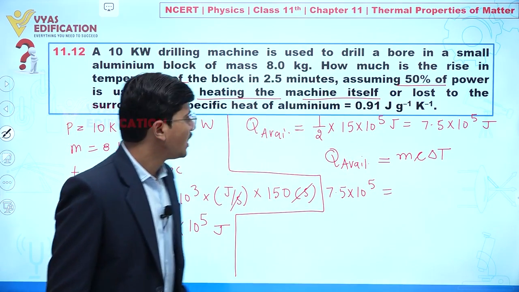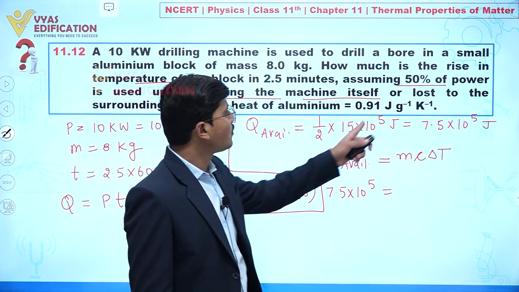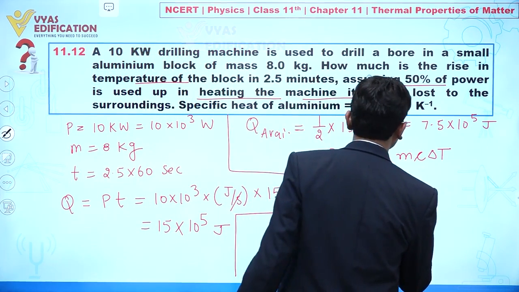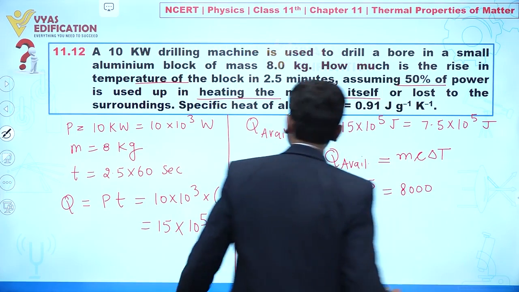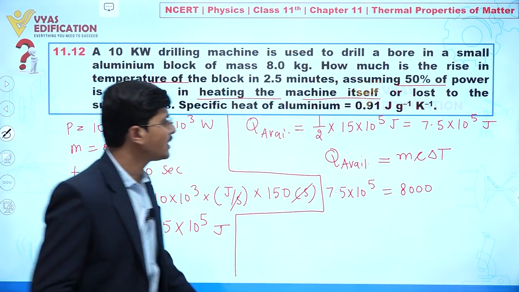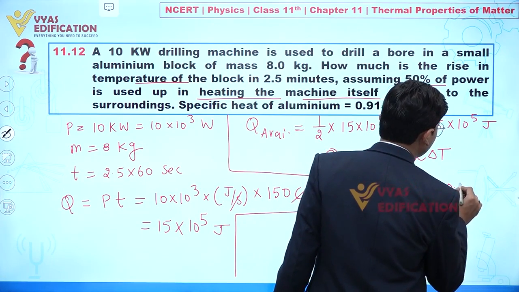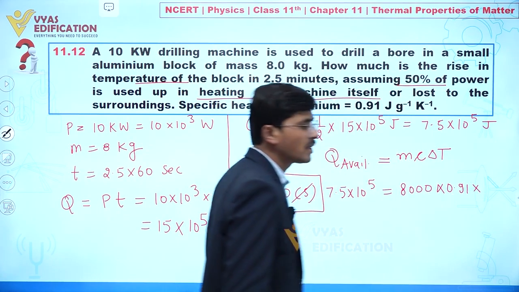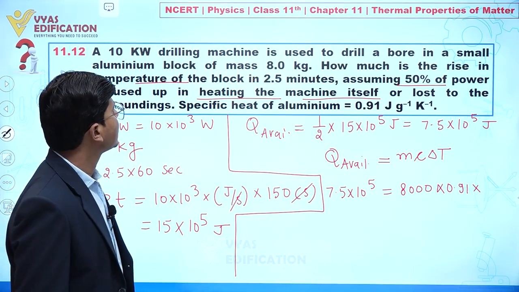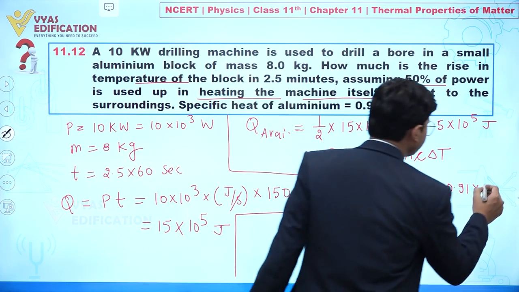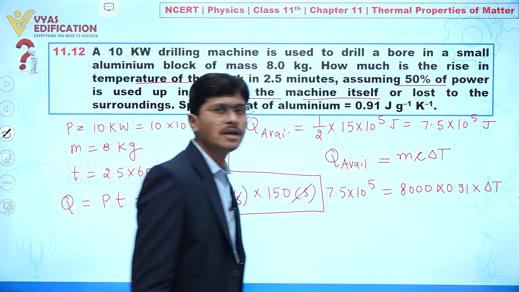The specific heat is given in joule per gram per Kelvin. It means you have to convert this mass first into gram, because it is given 8 kilograms. So we can write here 8000 gram multiplied by 0.91 multiplied by delta T. This is our objective.